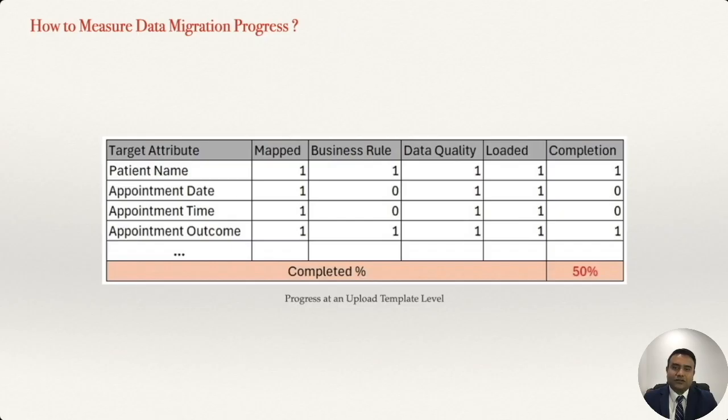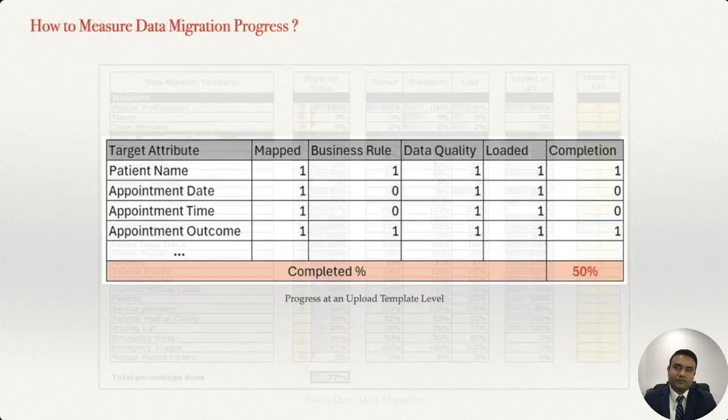After the test run, I would set the loaded flag to 1 for an attribute if the target system accepts all the data for that attribute and no user interface or user experience issues are detected during the testing. I gradually scaled this method to display the completion percentage for all upload templates and then report the current state of data migration to my stakeholders.